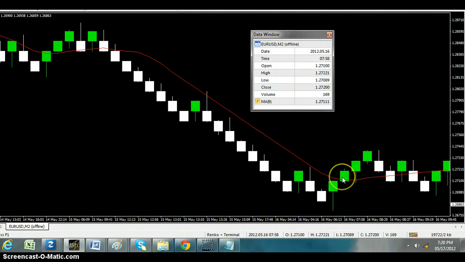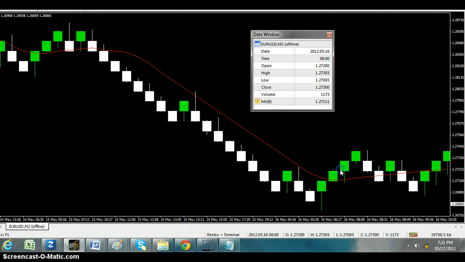Finally, the next candle happens, and that is the one which would have taken us out of this trade. This is the exit and the entry for a new long trade. I hope this is clear. Thank you.